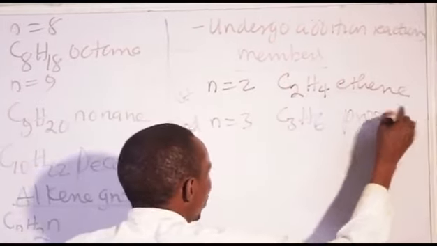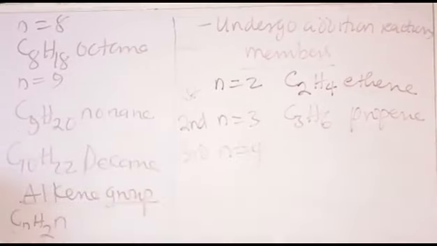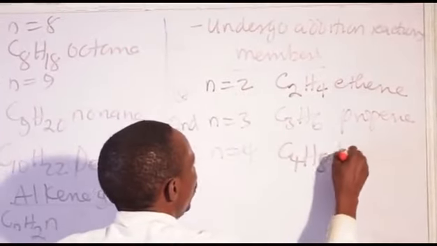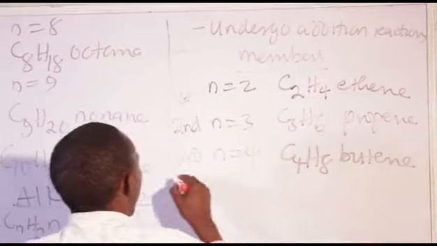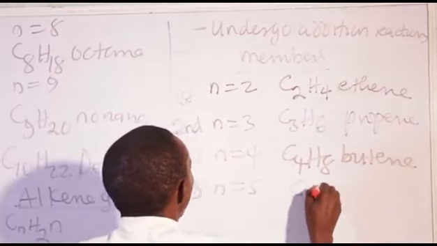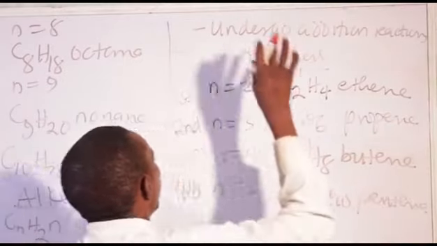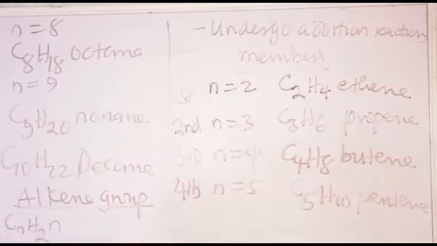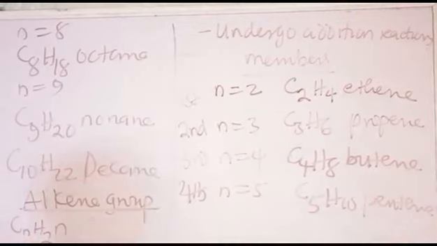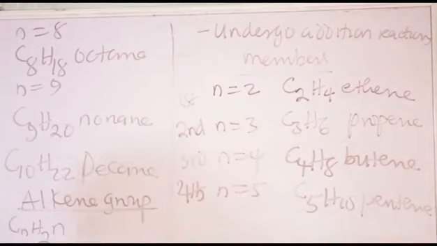The third member is n equals 4, C4H8. This is our butene. The fourth member is C5H10, this is our pentene. But all I want you to know is that in this group, the functional group is the double bond, not like alkane, which is single bond. They undergo addition reaction because they are unsaturated.